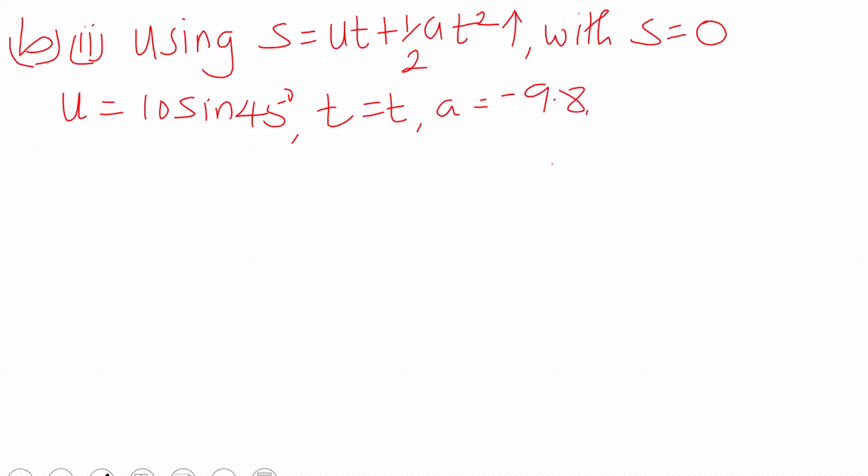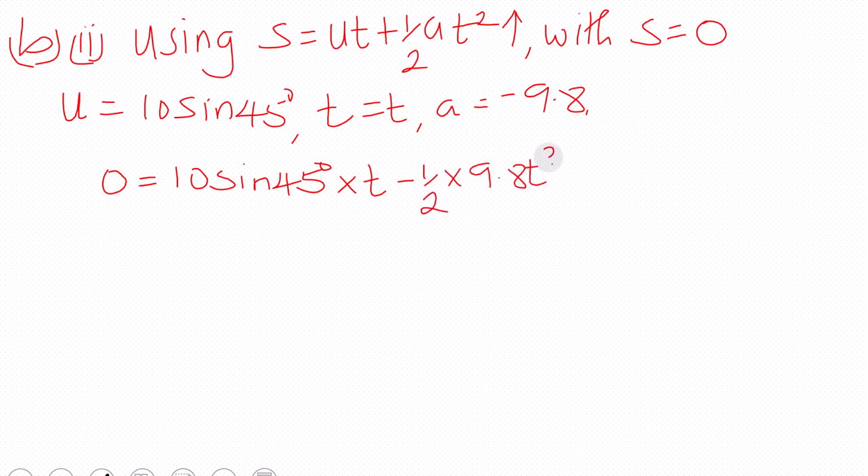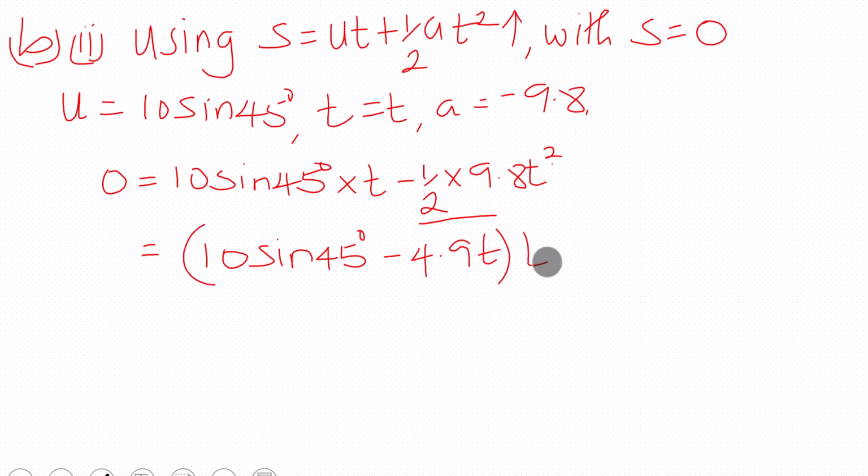So if we substitute this information here, we're going to have 0 equaling u, which is 10 sine of 45 degrees times t, minus a half times 9.8 t squared. So when we factorize t outside, we're going to have 10 sine of 45 degrees minus 9.8 divided by 2, which is 4.9 t, into t.